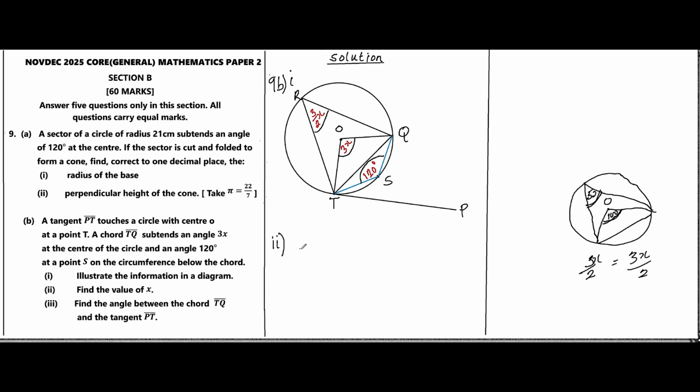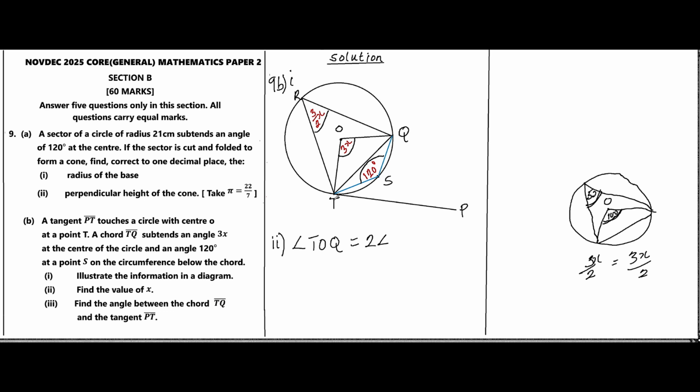So let's write down something. So we know that the angle at the center is twice the angle at the circumference. So in terms of referencing, we can say that angle TOQ, that is the angle at the center, angle TOQ is equal to twice the angle at the circumference. So how do we name the angle at the circumference?